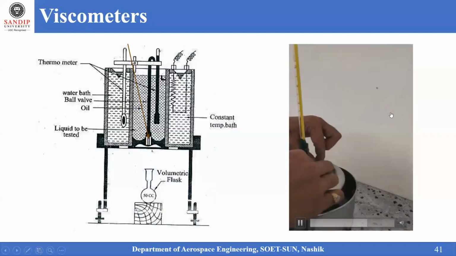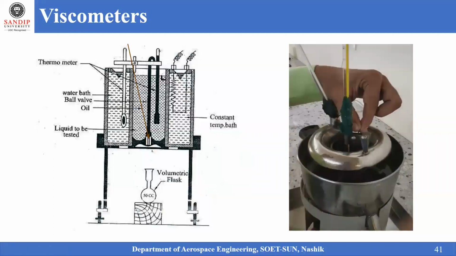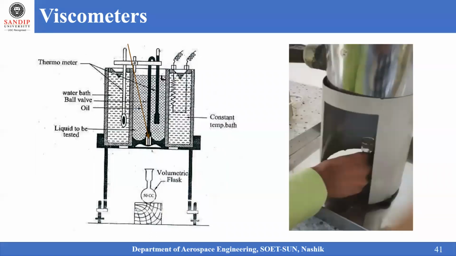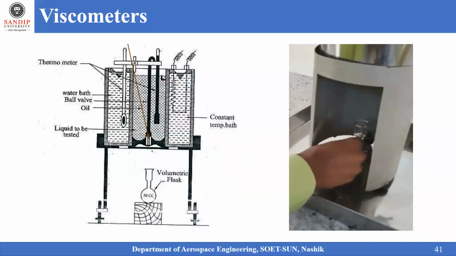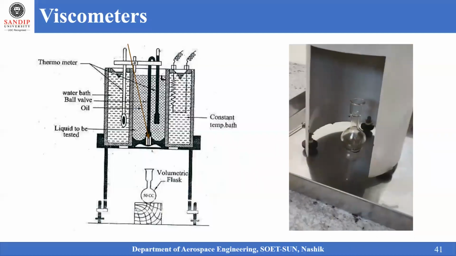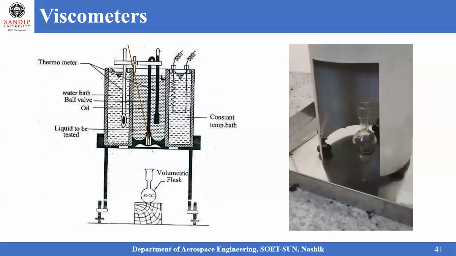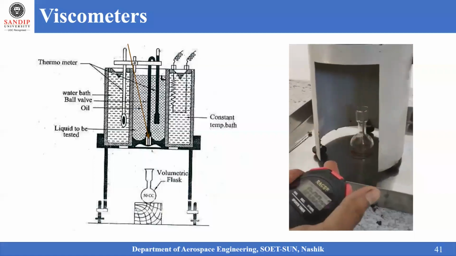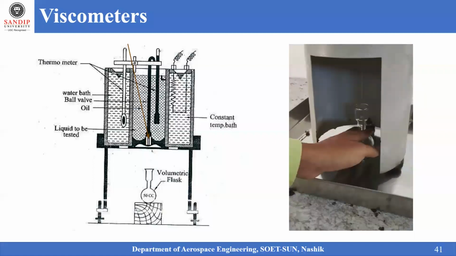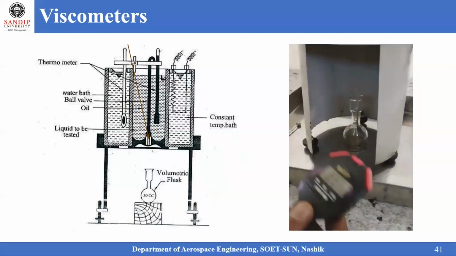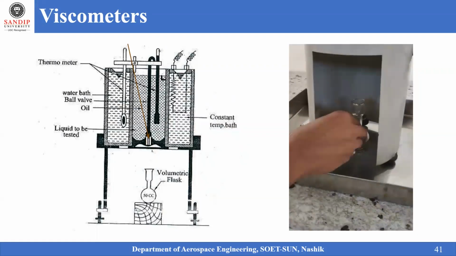Here you see the flask is placed exactly at the location where the opening is available. When the desired temperature is reached, remove the knob and make sure that the oil is falling on the walls of the flask but not at the center line of it, and start measuring the time taken to fill 50 cubic centimeter of oil collected inside that flask.